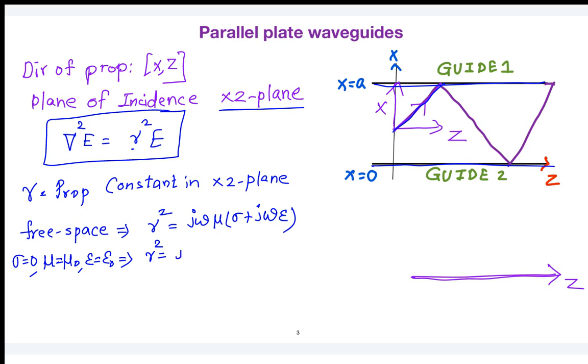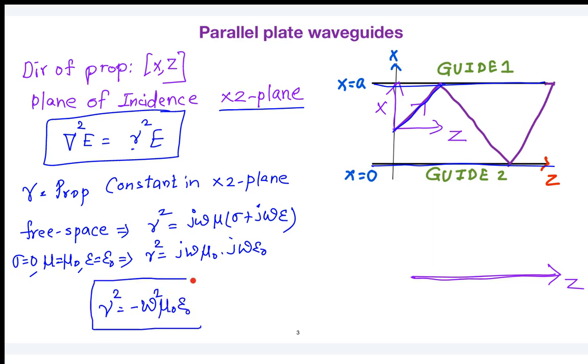j omega mu naught into j omega epsilon naught. So I can write the gamma square value as minus omega square mu naught epsilon naught. Take the earlier one as equation 1 and this as equation 2. Any questions till now?